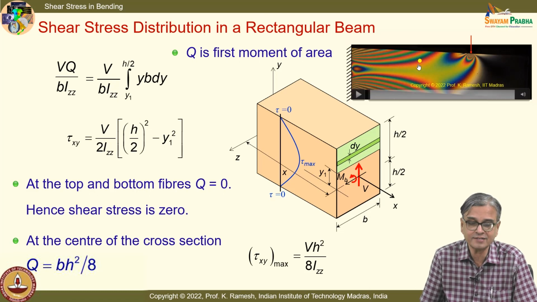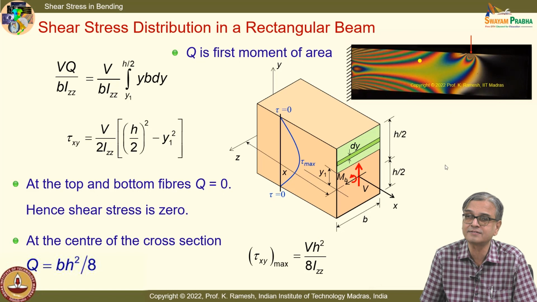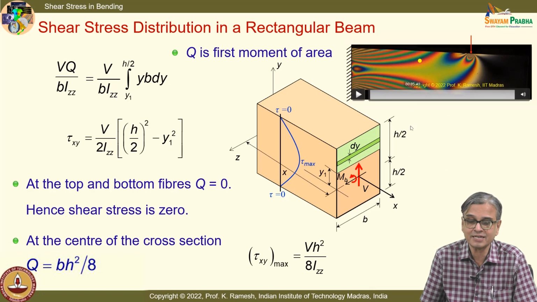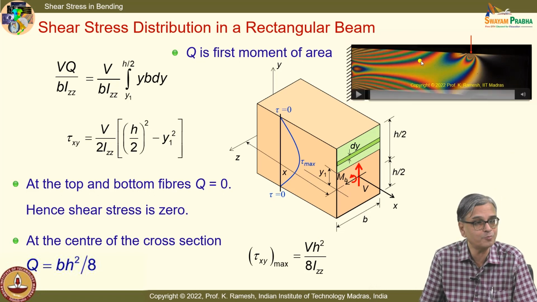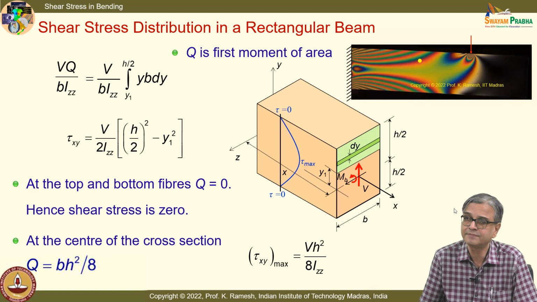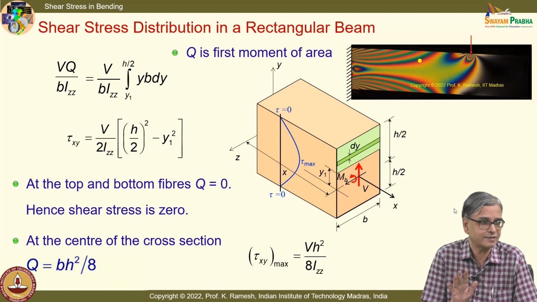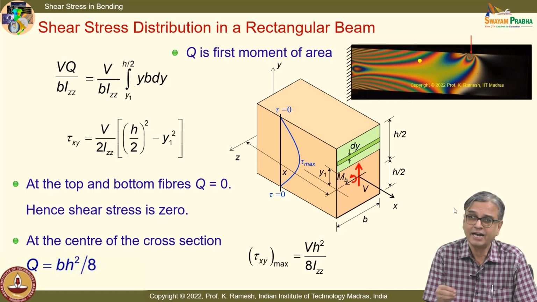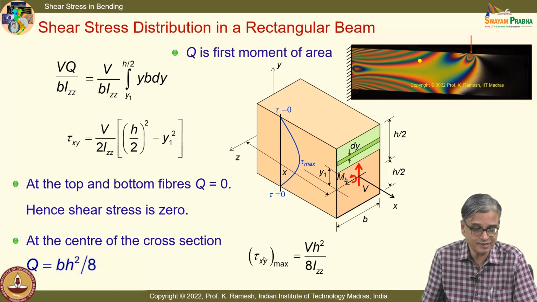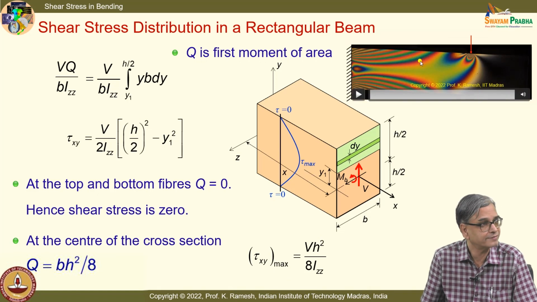Can you tell me what is the state of stress at a point like this? Because the beam is transmitting both shear force as well as bending moment, what is the state of stress at this point? Can you tell me? You understand? What are the stress components? See, the flexure formula gives you bending stress, and then we have evaluated even shear stress. I have taken a generic point here.